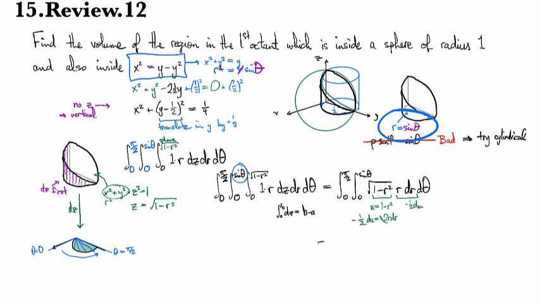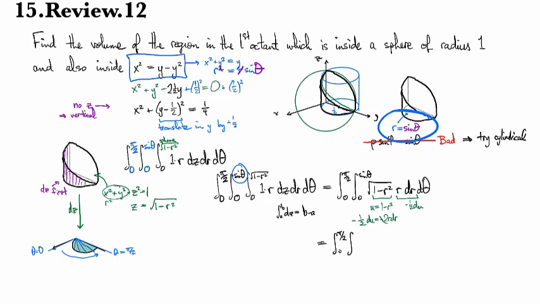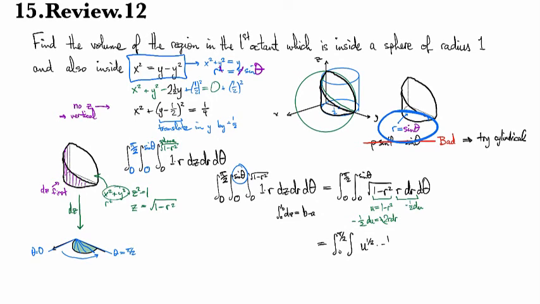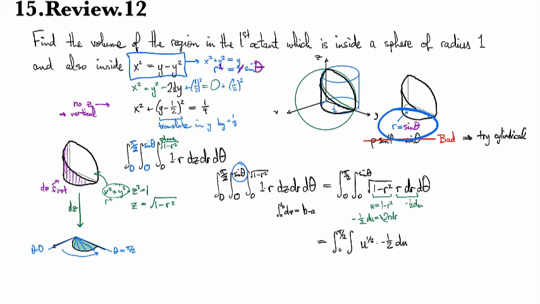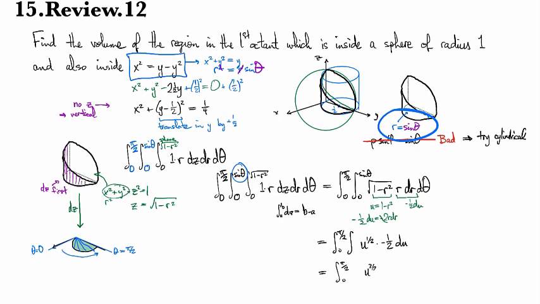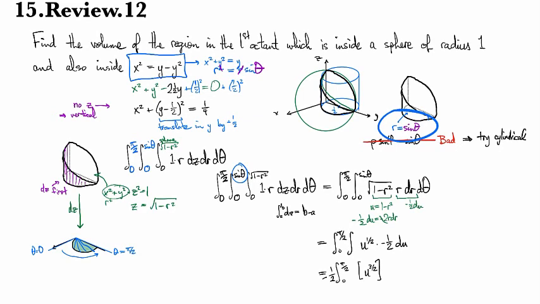So we have now integral 0 to pi over 2 times the integral of u to the 1/2 times minus 1/2 du, and that'll give us 0 to pi over 2 u to the 3/2 and minus 1/2 out in front.